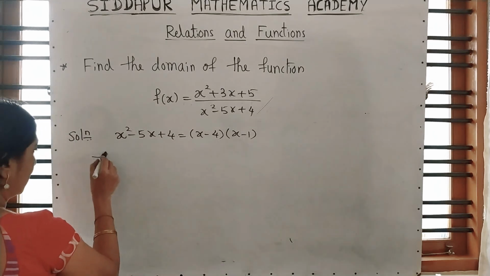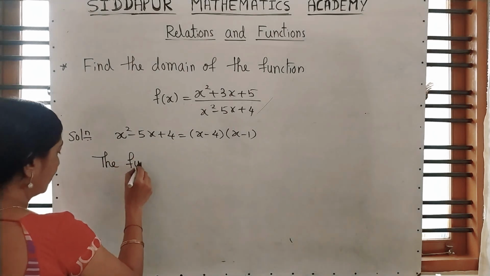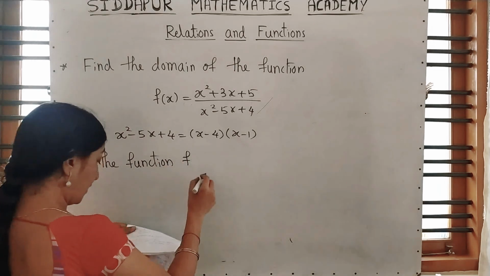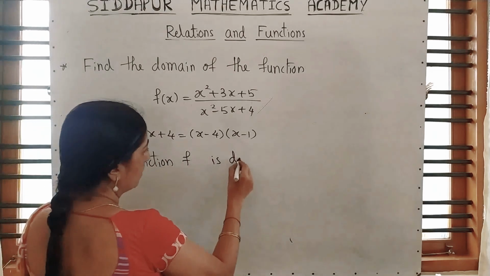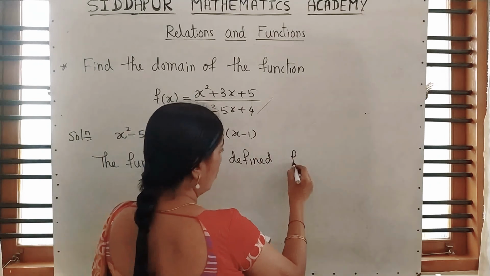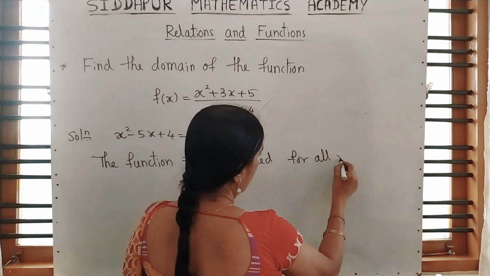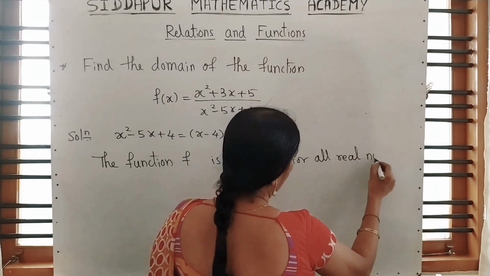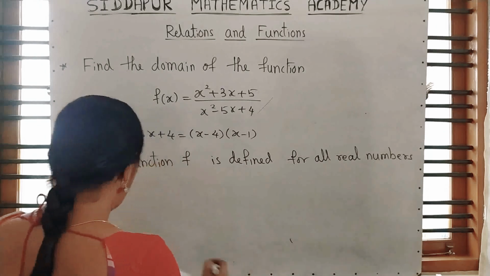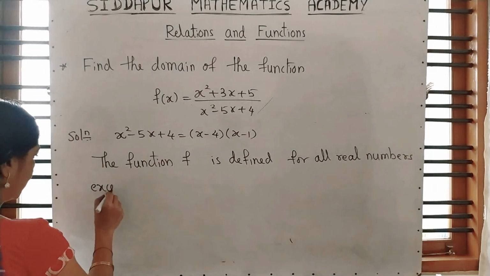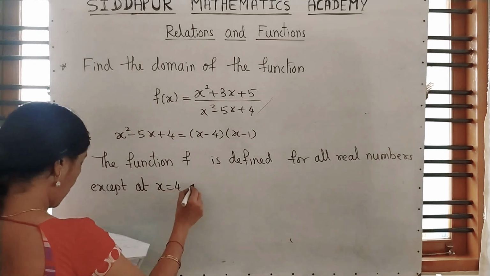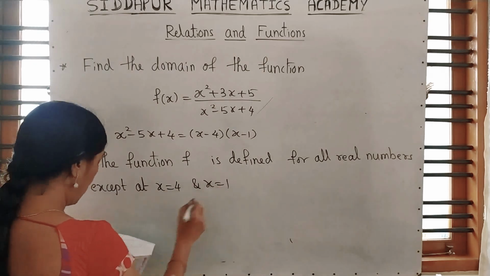Therefore you have to write like this. The function f is defined for all real numbers except at x is equal to 4 and x is equal to 1.